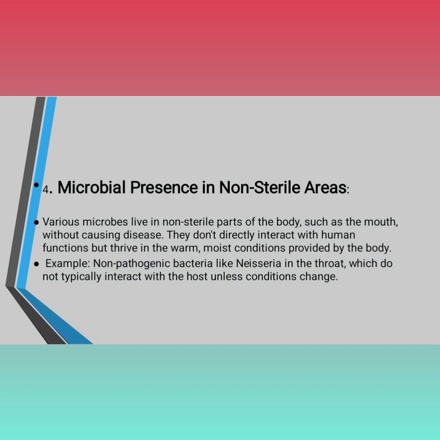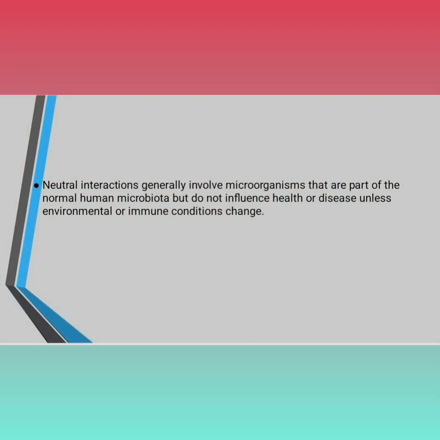For example, non-pathogenic bacteria like Neisseria in the throat do not typically interact with the host unless conditions change. Most microorganisms involved in natural interaction are part of the microbiota but do not influence health or disease unless the environment or human conditions change. I hope you all now know about the beneficial interaction of microorganisms in our human body.